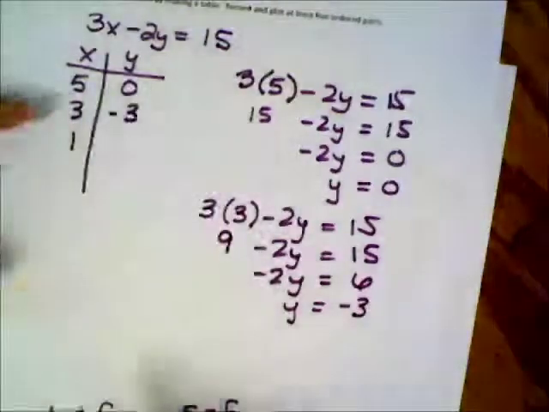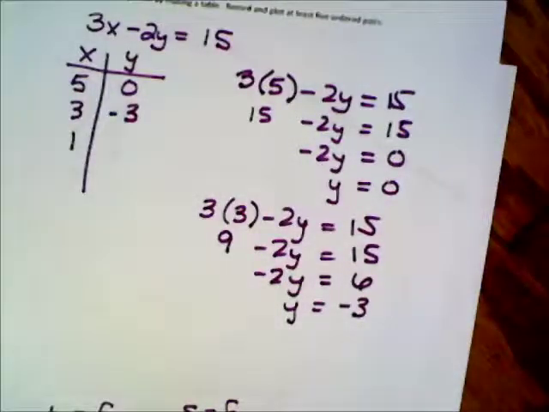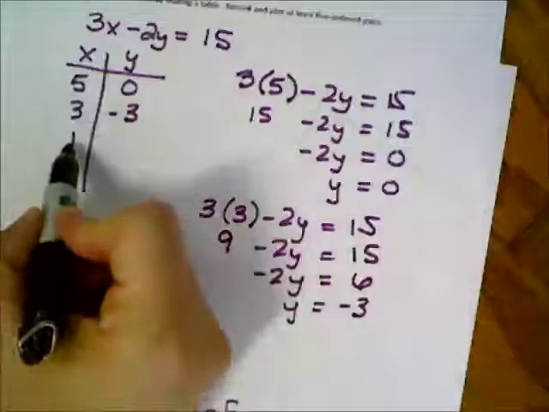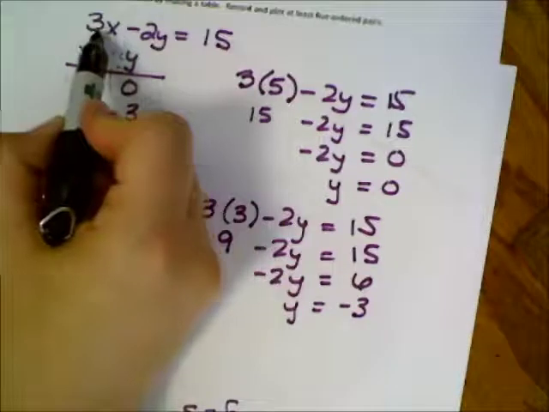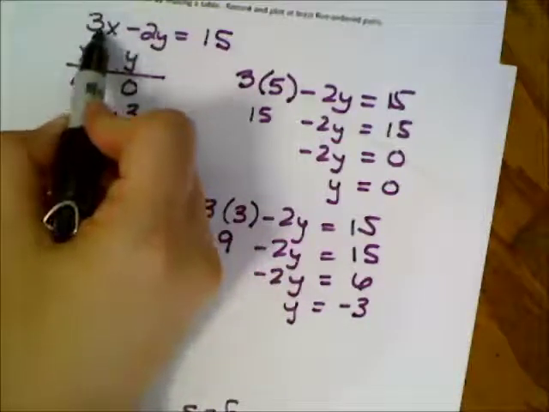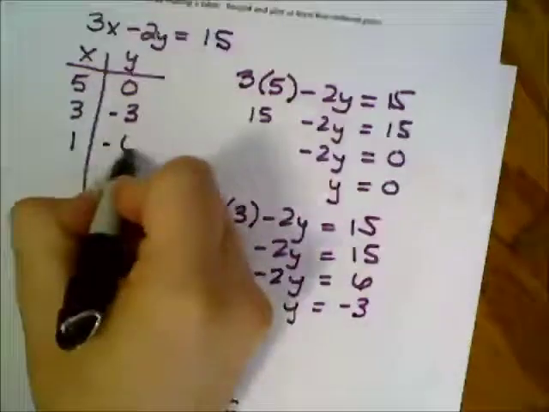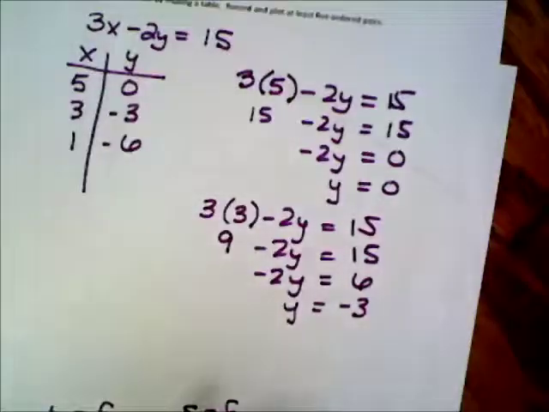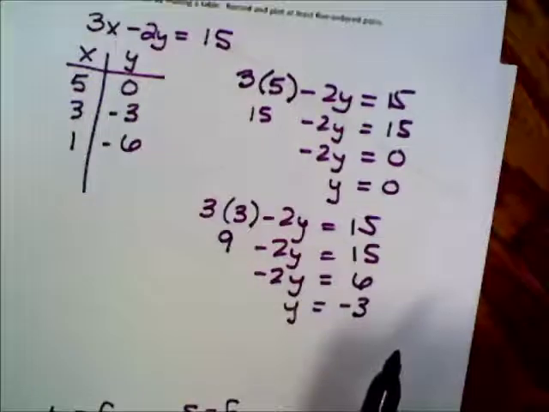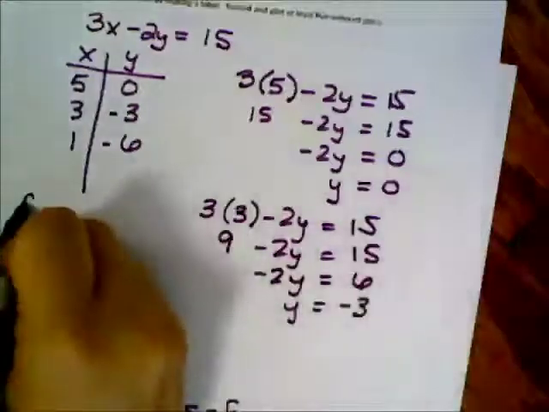And we have the ordered pair 3, -3 that satisfies the given equation. Okay. If we substitute 1 for x, we're going to get 3. Subtracting 3 from both sides, we'll get a positive 12 on the other side. And you can double check me, but 1, -6 should satisfy that equation.